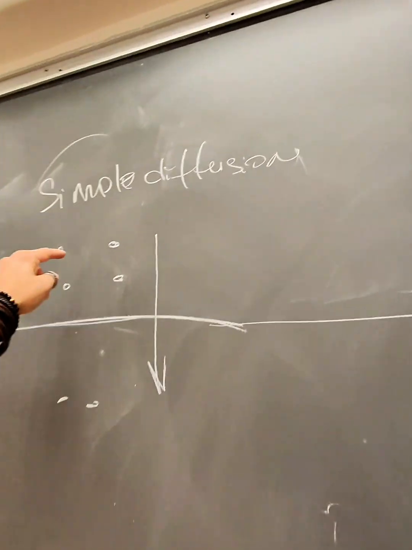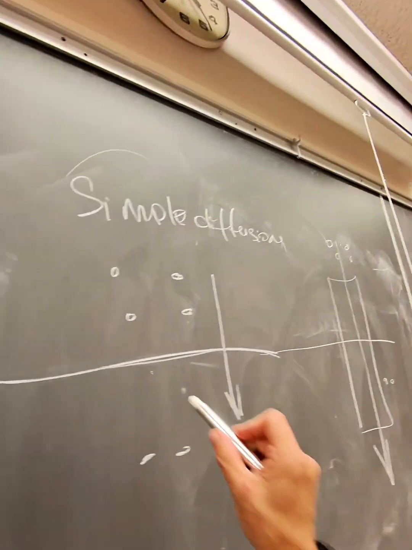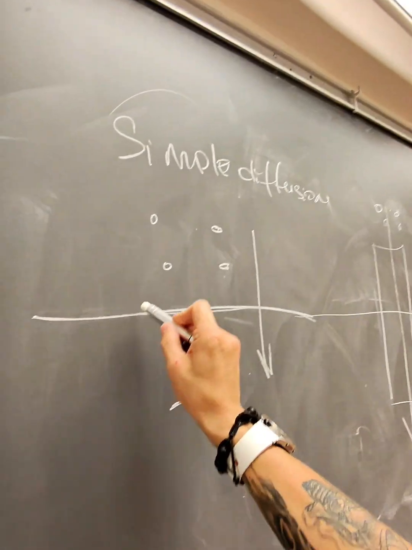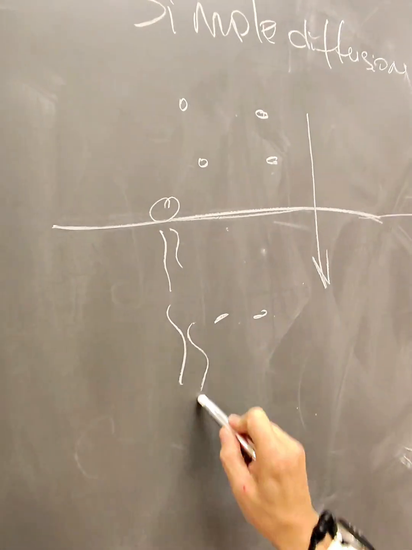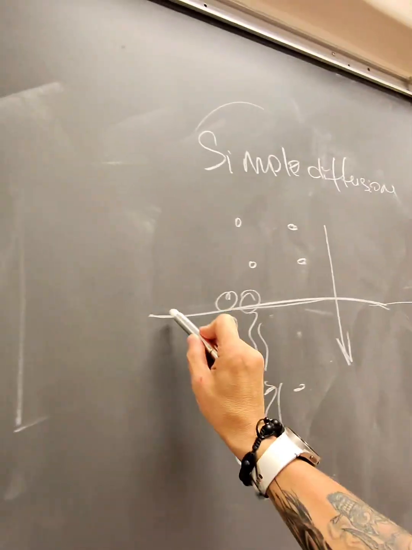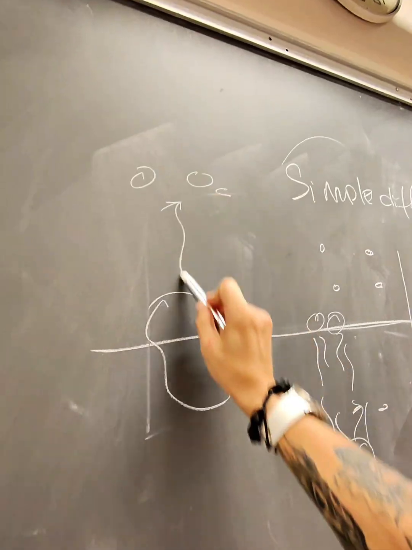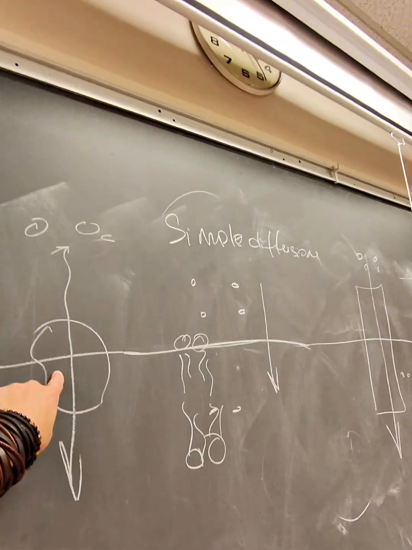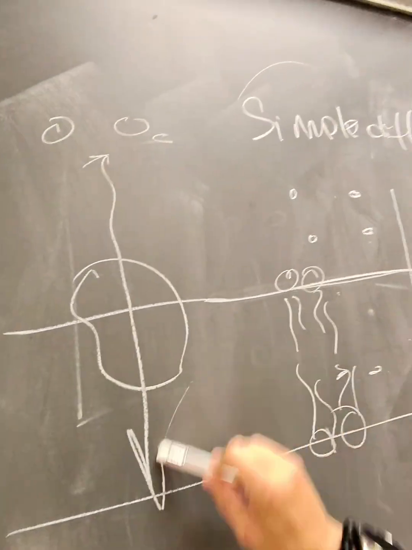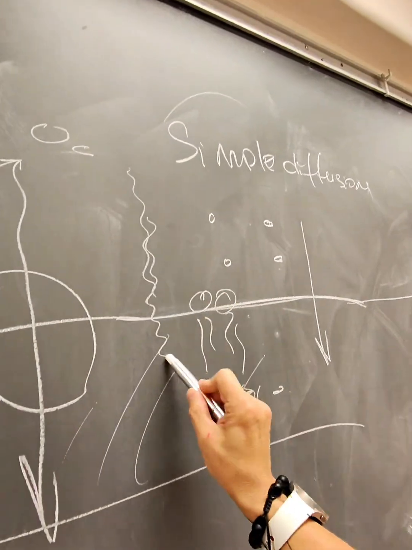So here in simple diffusion, molecules like lipid molecules can go through the semi-permeable membrane just in between phospholipids, right, like that. Or there are also aquaporins, that water can go through also from high concentration to low concentration, or the water can also penetrate in between the phospholipids.